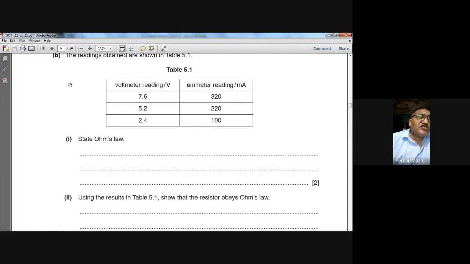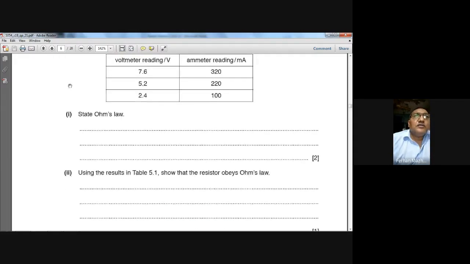The first question he's asking you to answer is: state Ohm's law. So it is the statement of the law, and it's very simple.